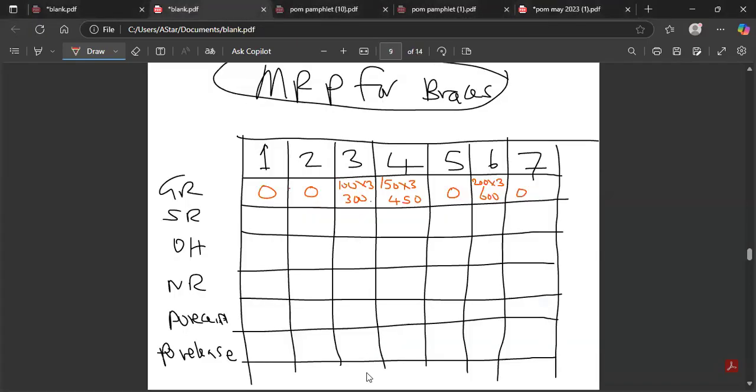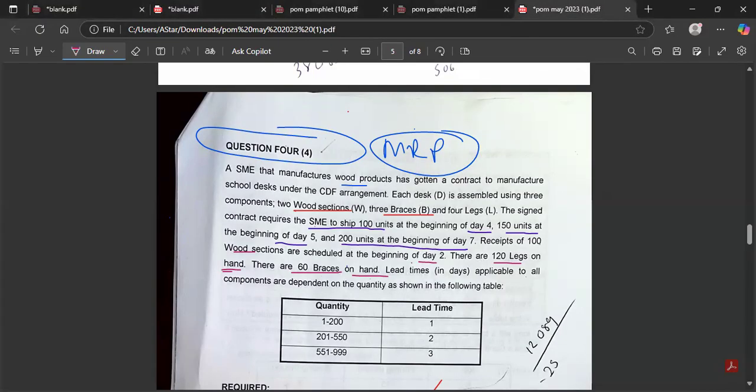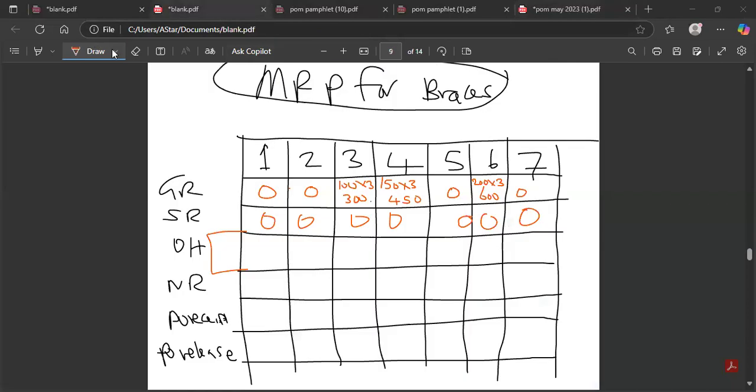They are not scheduled receipts, so scheduled receipts are zeros. Then on hand for braces, we have 60 braces on hand. So we are going to put 60 here. So 60 plus 0 minus 0, the answer is 60. Are we there?